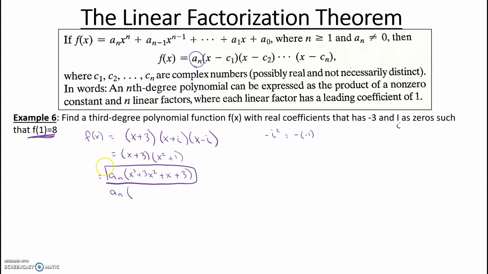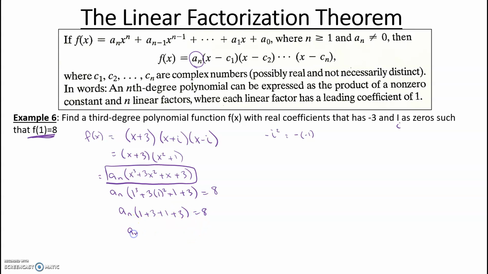All right. So if we plug in 1 cubed, 1 squared, 1, and 3. So we plugged in 1, and we want that to come out as an 8. Okay. So we've got 1 squared is 1 times 3 is 3, plus 1 plus 3.